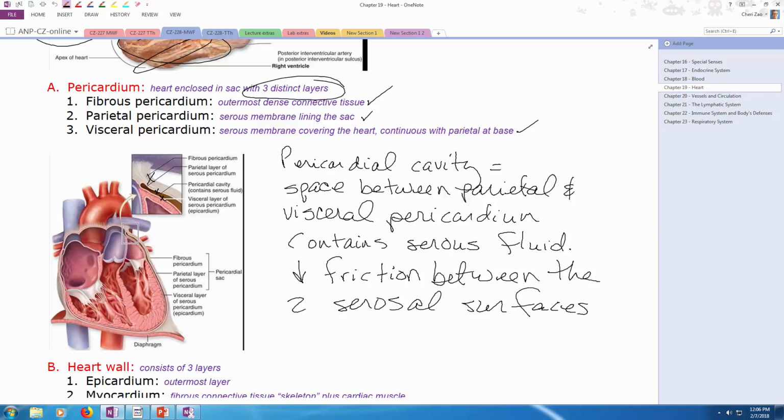There's another situation that can actually occur in this pericardial cavity, and it's an itis. So you can actually have inflammation of those serosal surfaces, and when you have inflammation of those serosal surfaces, they stick together and produces that condition called pericarditis.